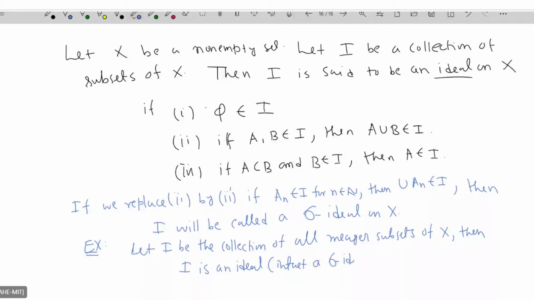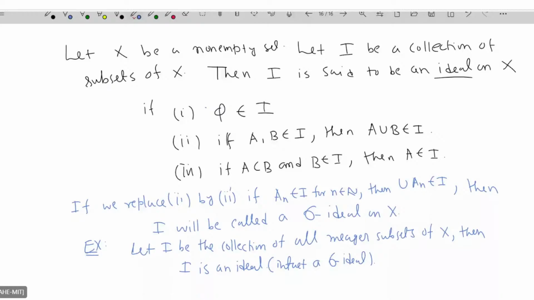So in general, for a topological space this is fine, but in general in set theory, we'll say that a set is small if it belongs to some sigma ideal. With respect to some sigma ideal, we'll say that this set is small. Here your sigma ideal is the collection of all meager sets. So in that sense, if we form a sigma ideal, then a member of the sigma ideal is small.